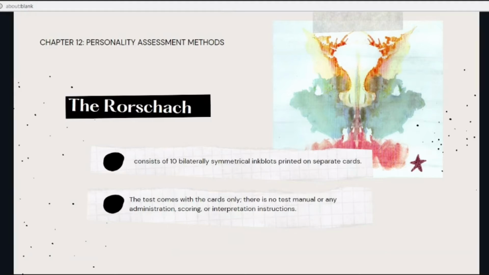And that's it. No administration, scoring, or interpretation instructions; those are sold separately.